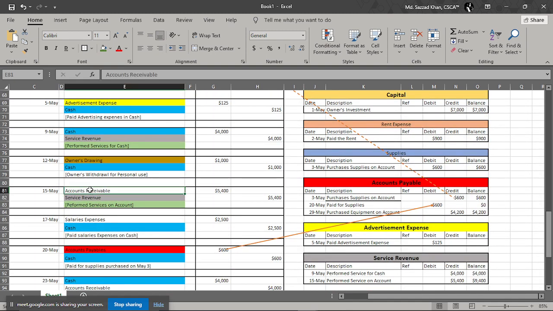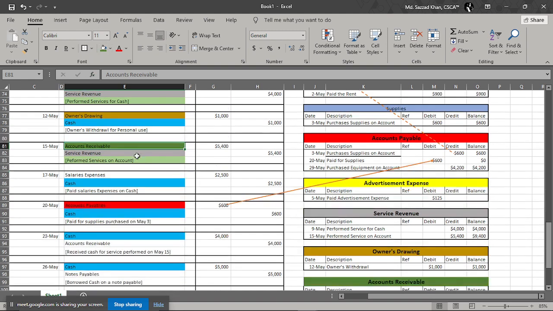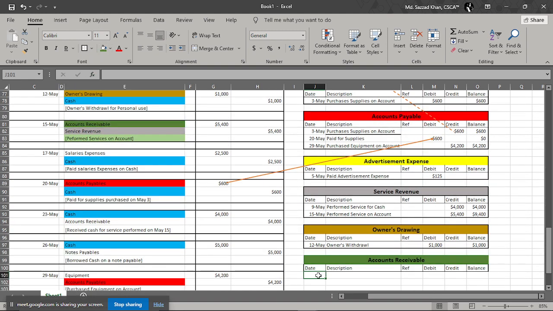No. On May 15th, yes, there is an accounts receivable. May 15. What was the description? Perform service on account. How did it affect the debit or credit entry? Accounts receivable was debited 5,400.